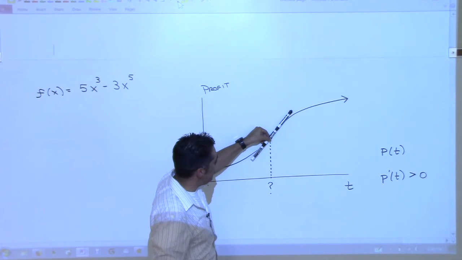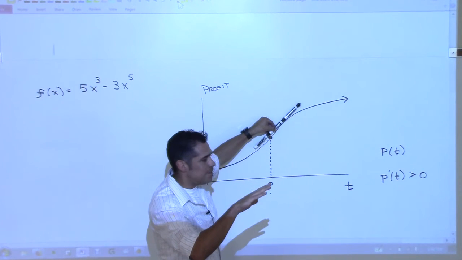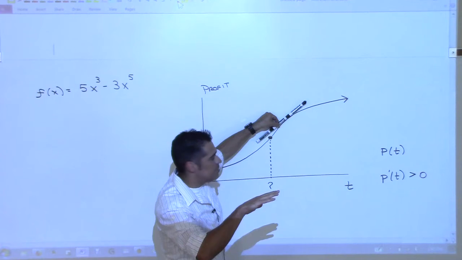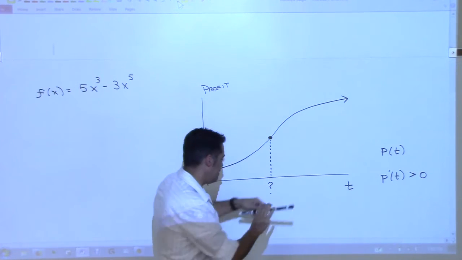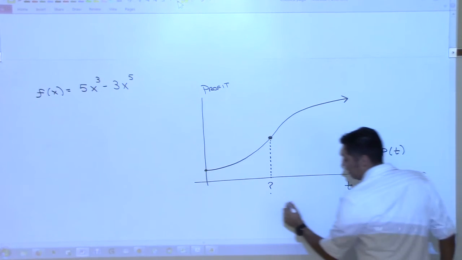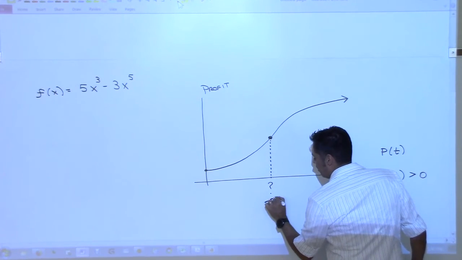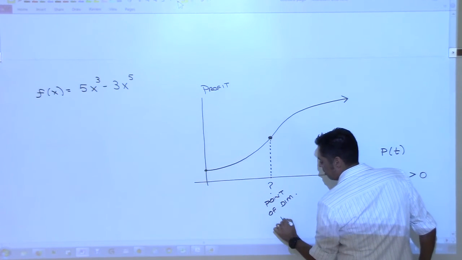Once we get past that point, we still have positive, but it's not going to be as steep. You see that? So we're growing, but not as fast. So this point in a business class is very important. It actually has a name. It's called the point of diminishing return.